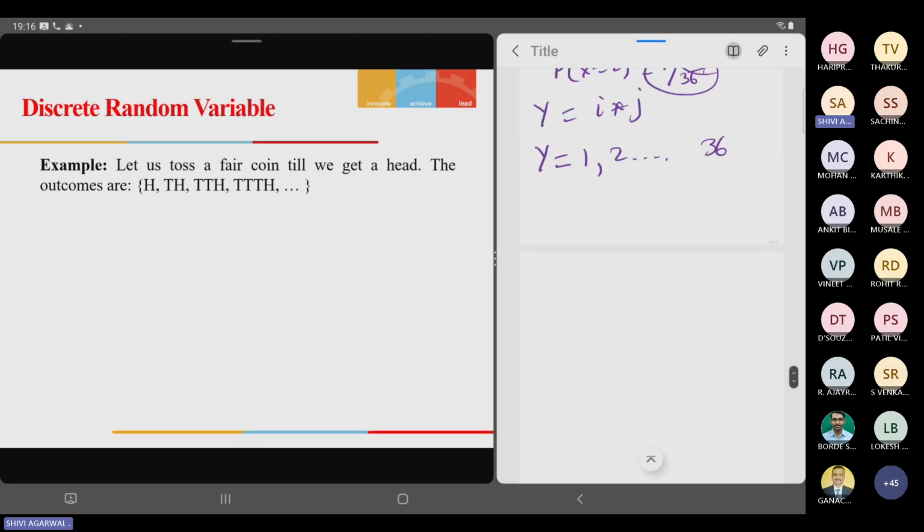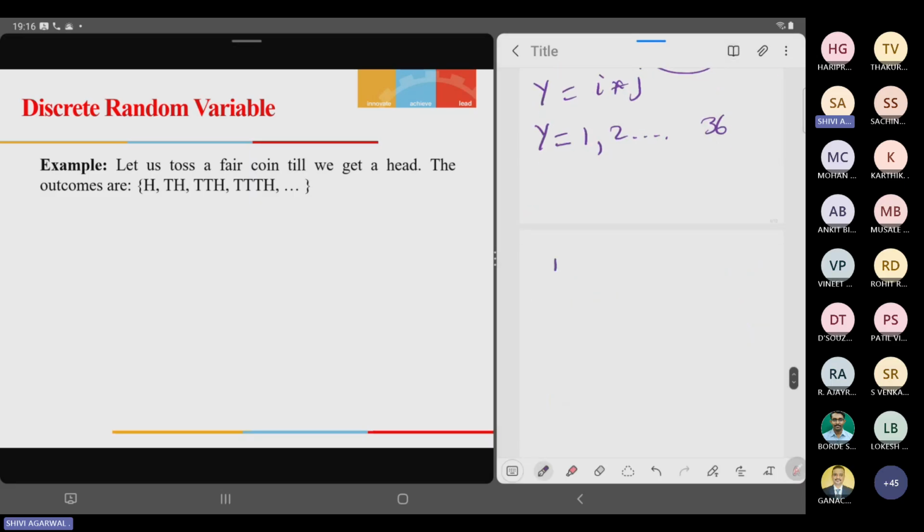Now you can see there are two types of random variable, discrete and continuous. Discrete means the sample space is discrete, that is, a finite set, or a countably infinite set. It covers things like the number of persons, number of values, or tossing a coin. All are discrete.